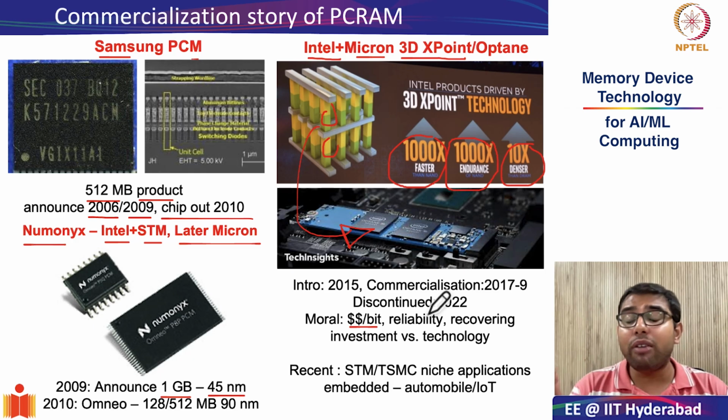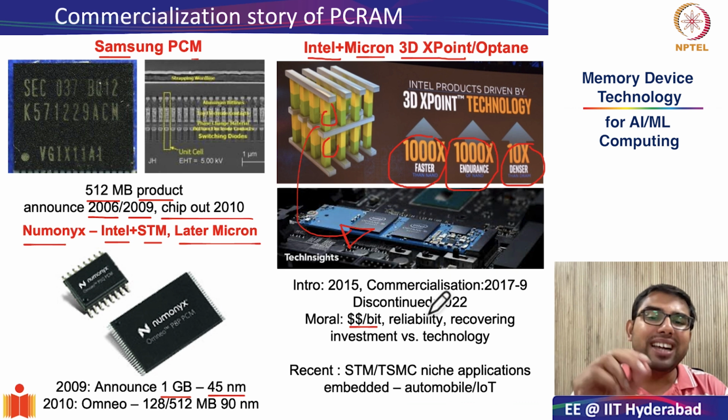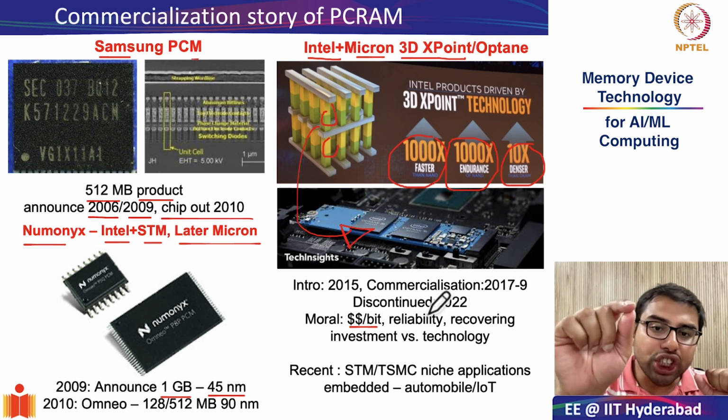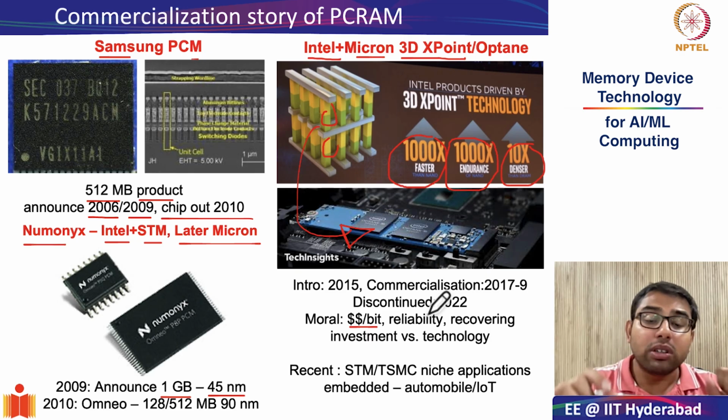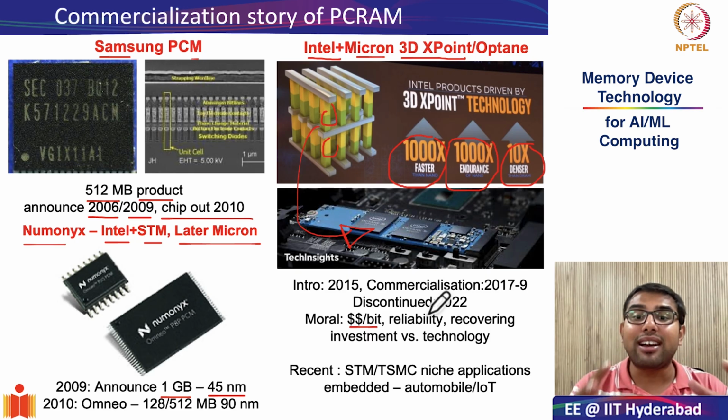So the final thing I want to tell you is, although PCRAMs may not really work out for high bit density to fill the gap between NAND flash and DRAM, that is what it looks like now. But recently, both ST Microelectronics and TSMC are developing chips for niche applications for PCRAM, especially in embedded electronics for automobiles and IoT.